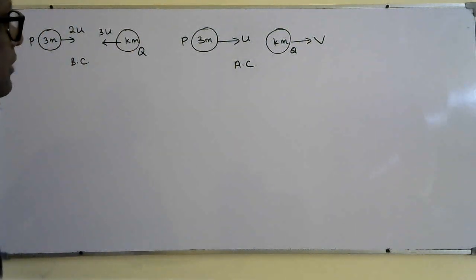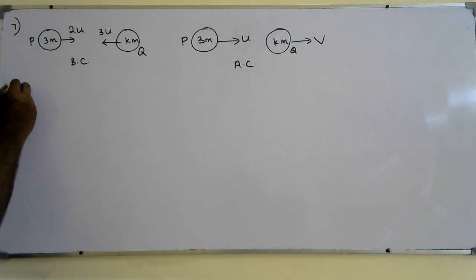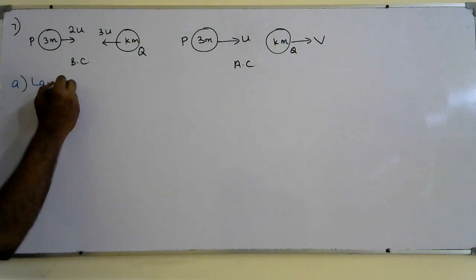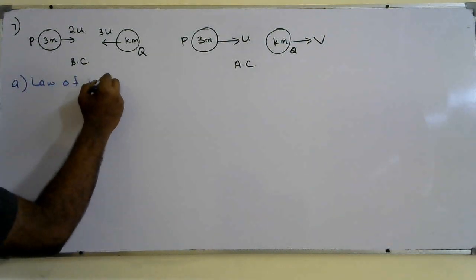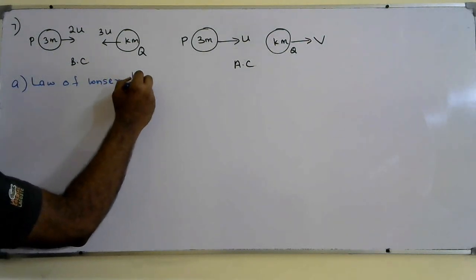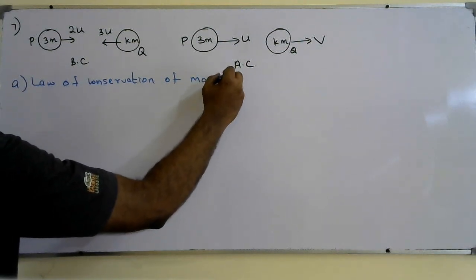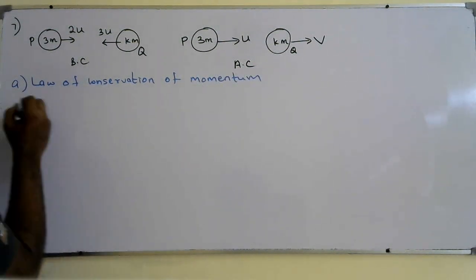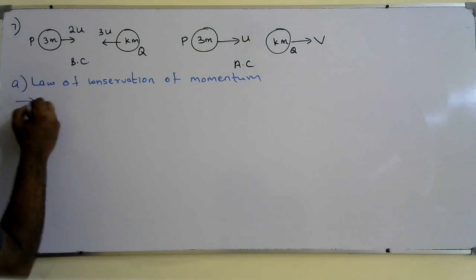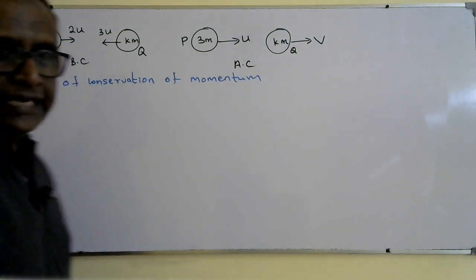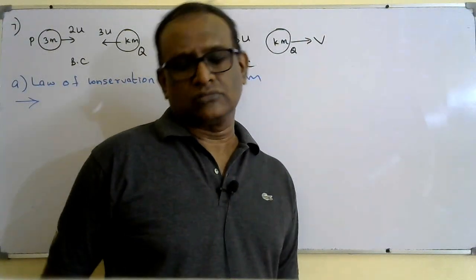So we'll use the law of conservation of momentum for A part. We'll use it towards the right. So that means any velocity towards the right will be taken positive. You can use it towards the left also, no problem.